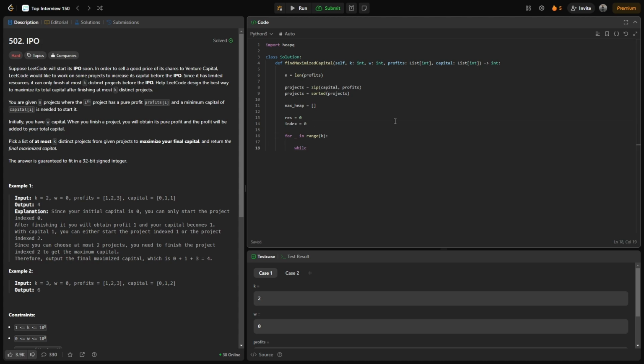So while my index is less than n, and projects also I need to find. In order for us to add that value to our maxip, we need to ensure that the capital required to complete that project is less than the current working capital.